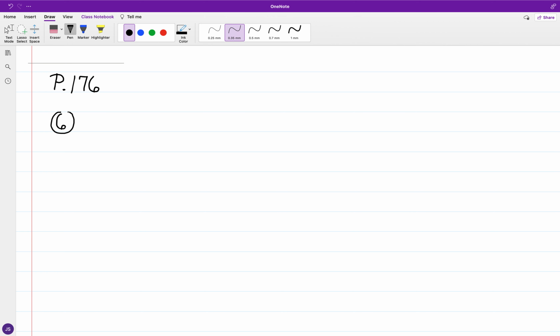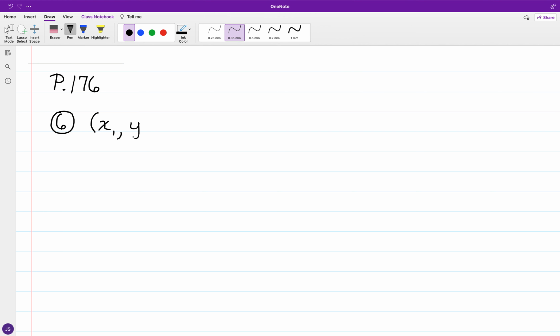Among the most recent items, we've had the point-slope equation as well as the slope-intercept form of a linear equation. In the case of number 6, we're looking at establishing the slope-intercept equation of a line that has the following characteristics. One, the point through which this line is going to pass is (4, -6).